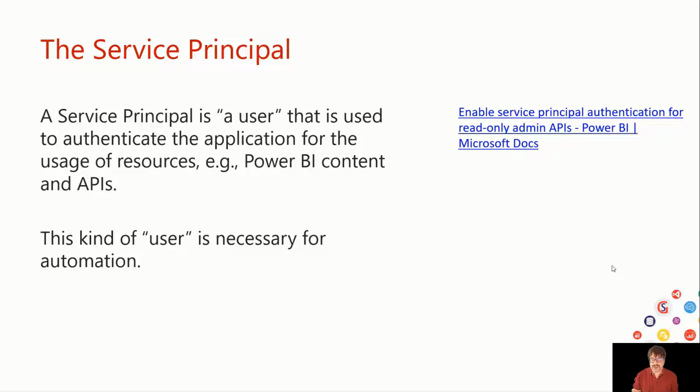So in my imagination, a service principal is just a user or a technical service account that is used for authentication to use resources. And if you do this unattended, if you are going to automate your solution, then of course it's necessary that a user can authenticate whenever the application, the script, the function is running.